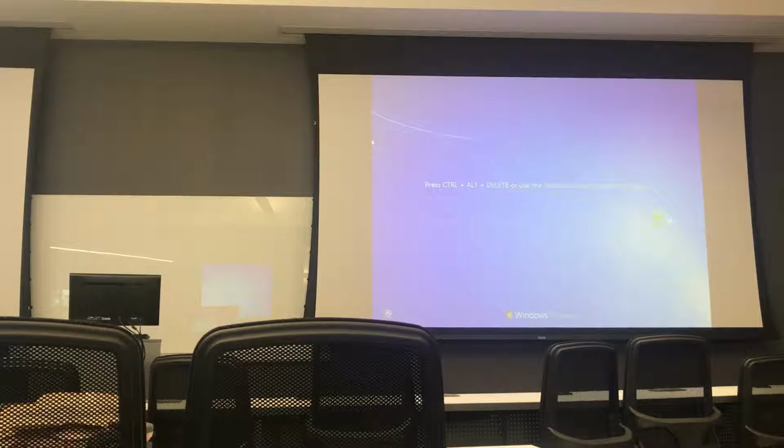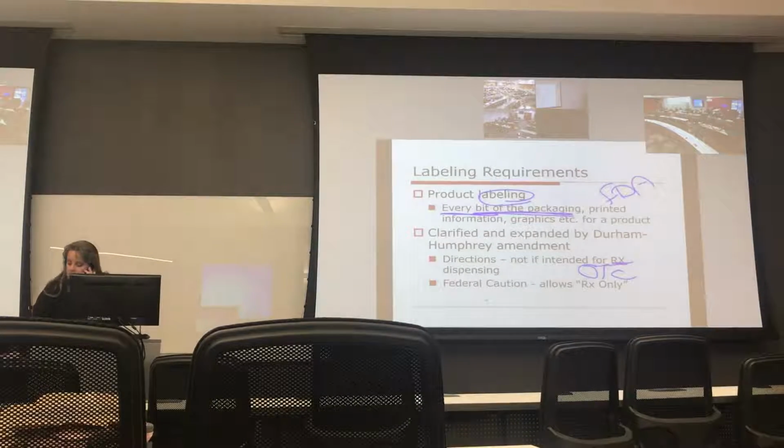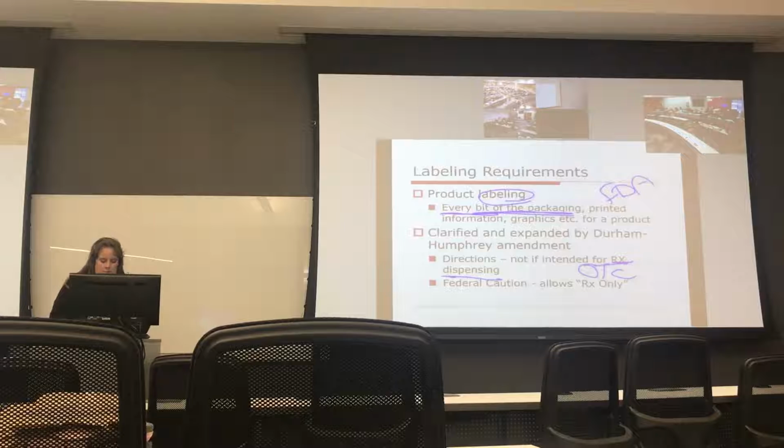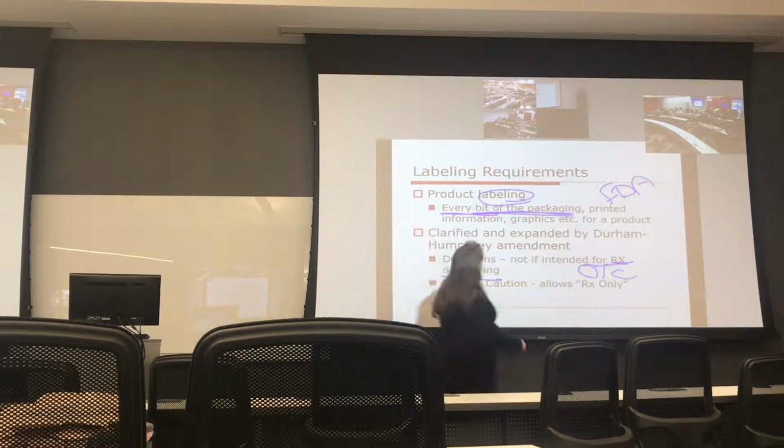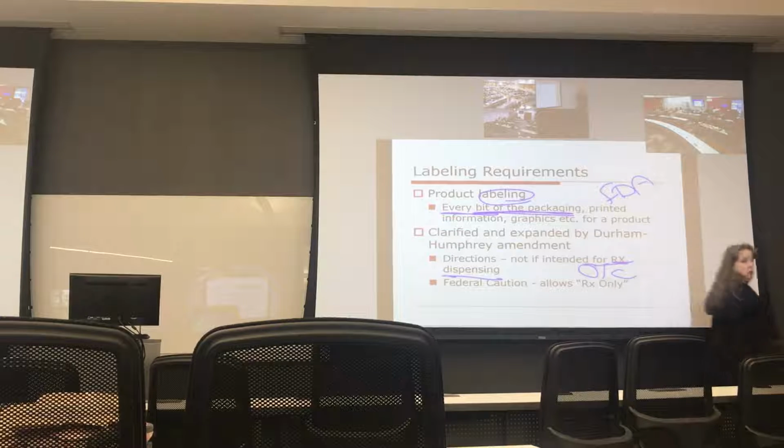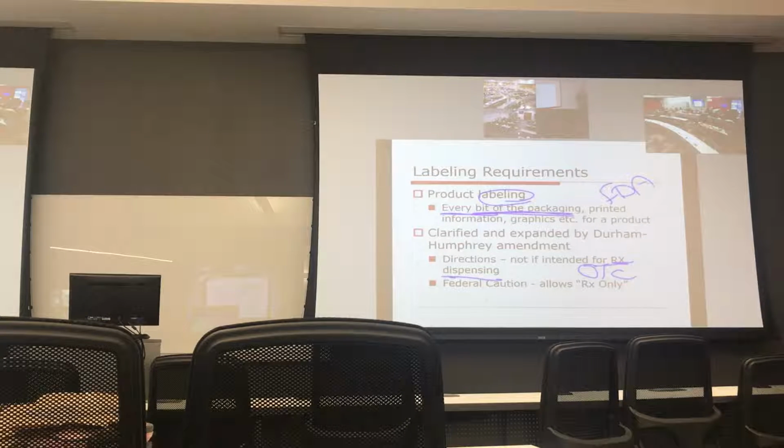We talked about directions back when we talked about the Durham-Humphrey Amendment. For OTC products, it requires that there be adequate directions for use, is the term that they talk about. It is not required that the product is intended for prescription-only dispensing. Remember, the Durham-Humphrey Amendment was the first time it actually made the distinction between drugs that required medical supervision, those would require a prescription, and those that were safe to use without medical supervision.